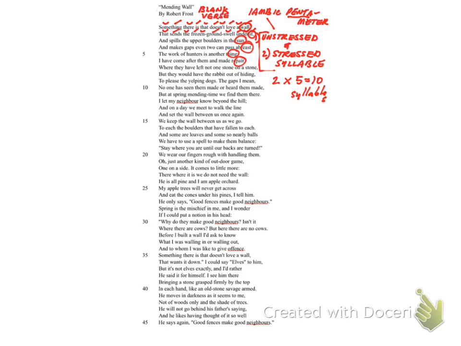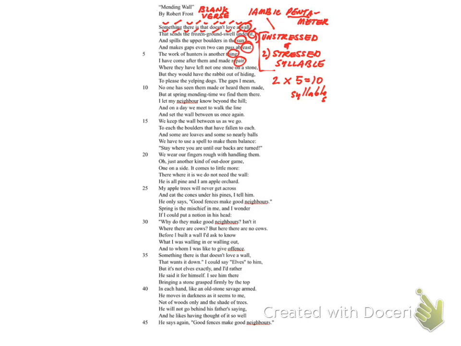And blank verse simply means that it's iambic pentameter, but there's not end rhymes. So Robert Frost is actually working really hard with this form throughout the poem. That's one thing to think about when it talks about the form, but he does a lot here.